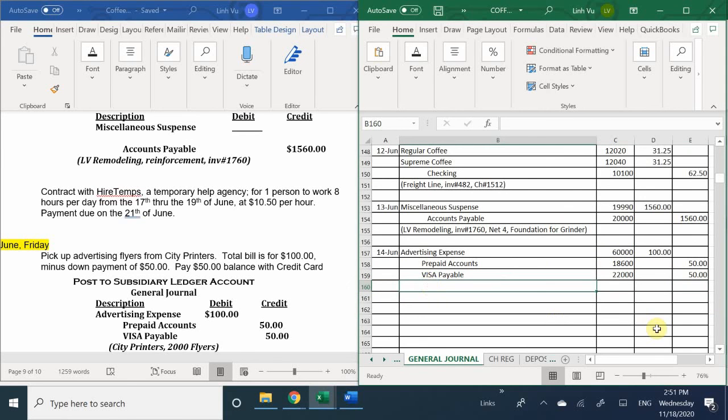All right. So I'm going to go ahead and make a note here that I picked up from the city printers, 2,000 flyers. Okay.